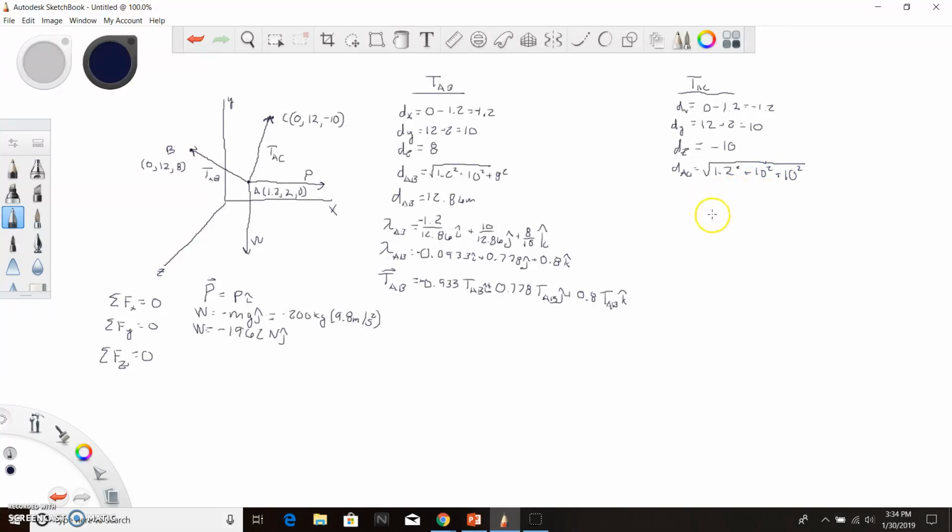When we do all of that, DAC is going to equal 14.2 meters.